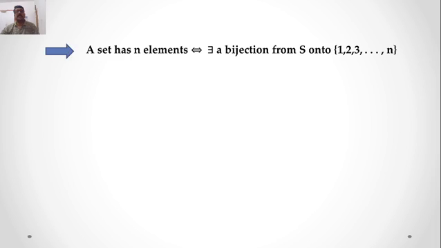A set S has n elements if and only if there exists a bijection from S onto the set {1 to n}. Similarly, suppose we have a set S which is in bijection with {1 to n}, then we can say S has n elements.